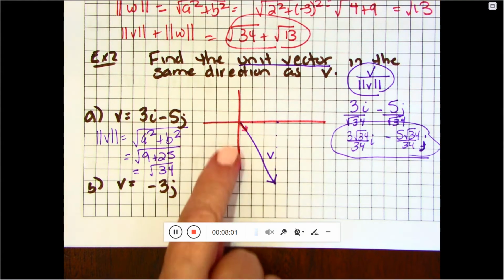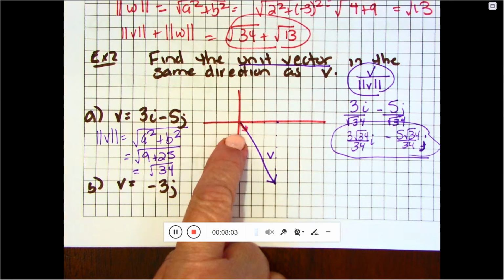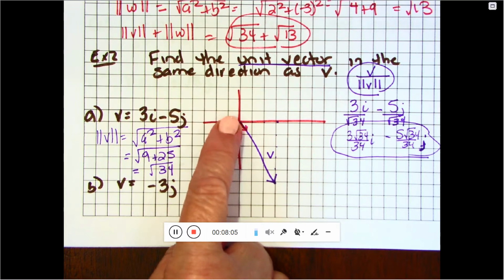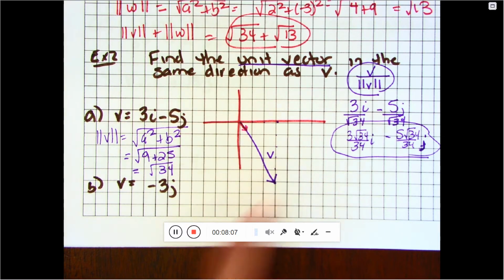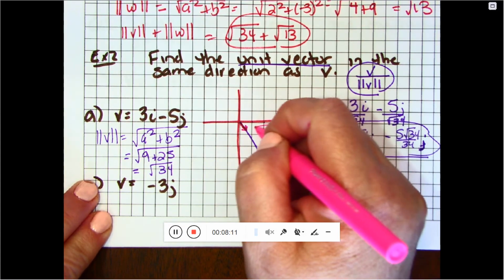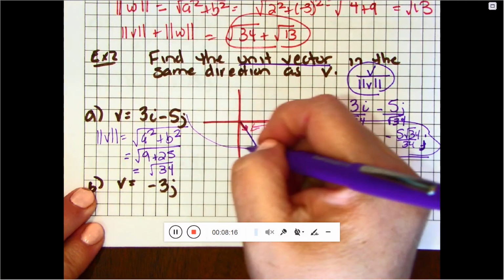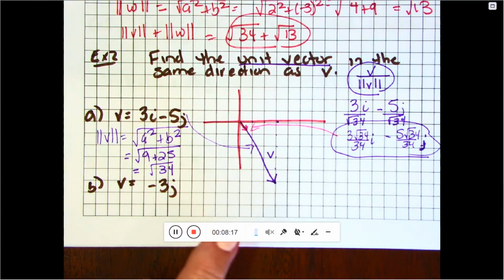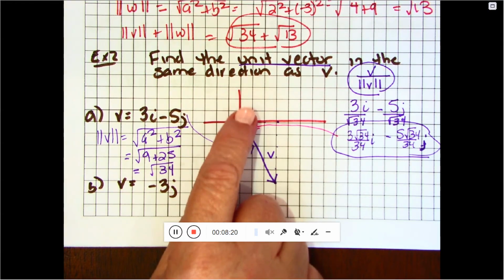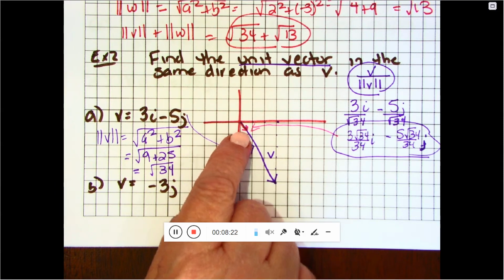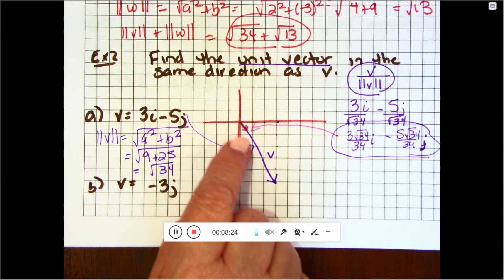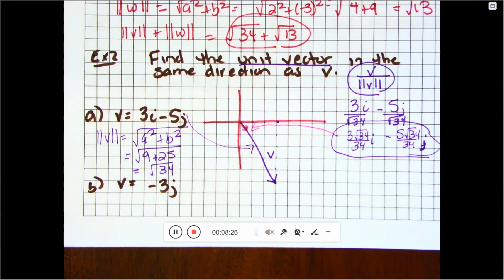It's 1 unit long and it's in the same direction as vector v. So this vector is that pink one. This vector is the purple one. They're in the same direction, only the pink one has a magnitude of 1, and this one has a magnitude of square root of 34.